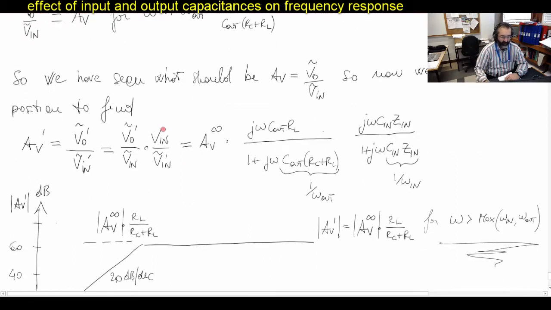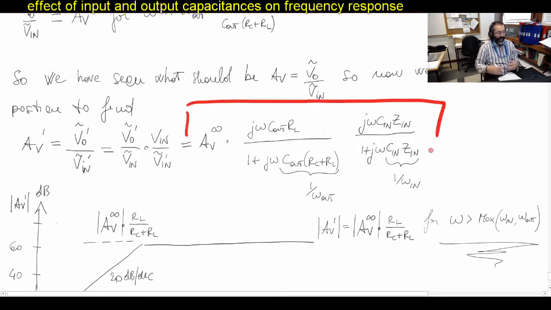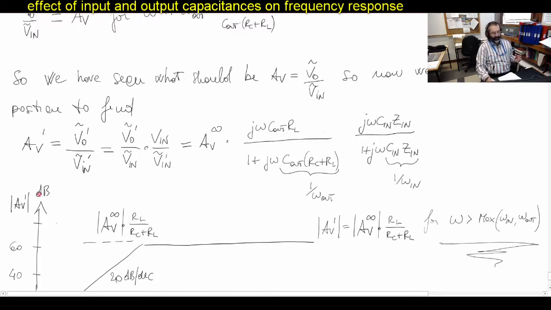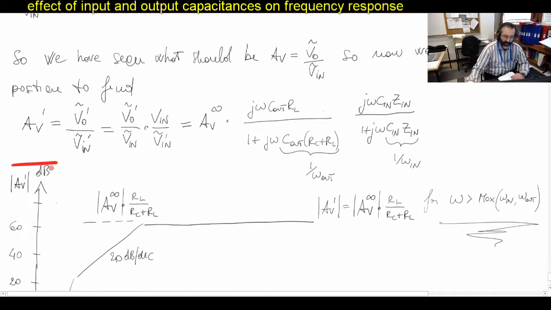And then we have Vin over Vin prime, which again we have calculated previously when we were looking at the input port. So in the end, by putting everything together, substituting, we get the total result of how the presence of these two capacitors, C in and C out, affects the total, for example, voltage amplification of this circuit.